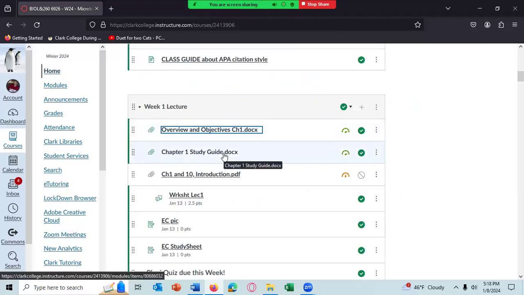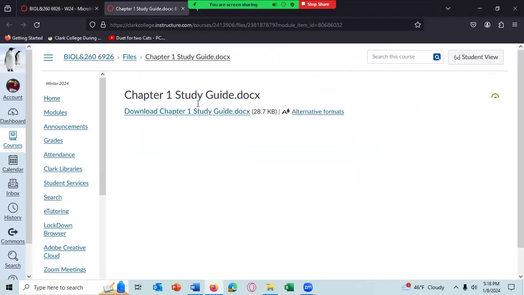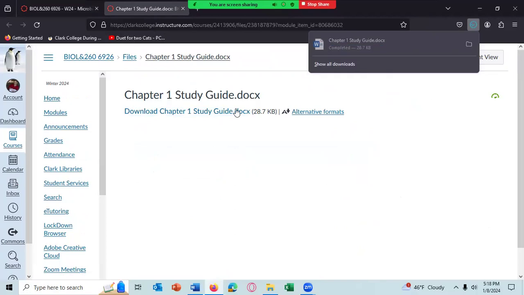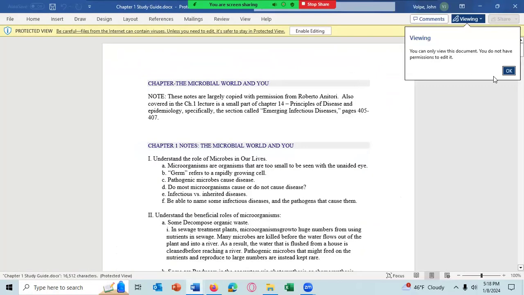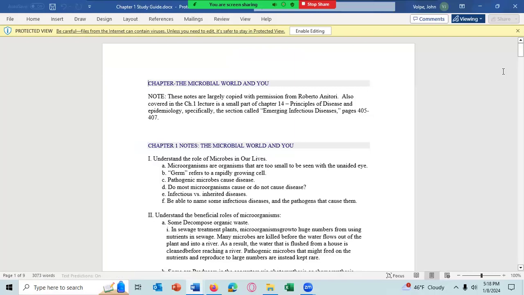And then for this lesson, I've got the chapter 1 study guide. It will be going over the same material I'll be giving in the chapter 1 lecture. It'll be the same information that we cover in the lecture, but it will not be in a PowerPoint.